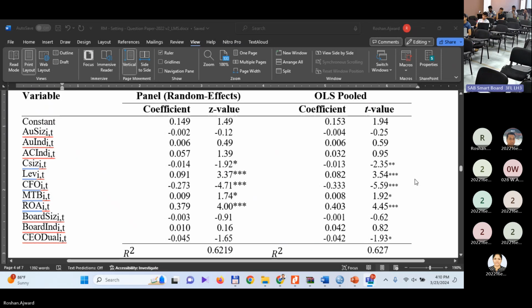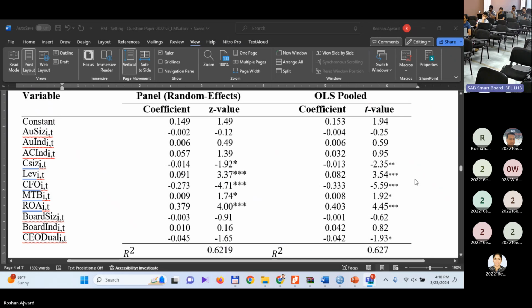Linear. Now you can see here, in this, you have independent variables. And what's the first one? The constant. What's that in our language? That's the SPSS language.